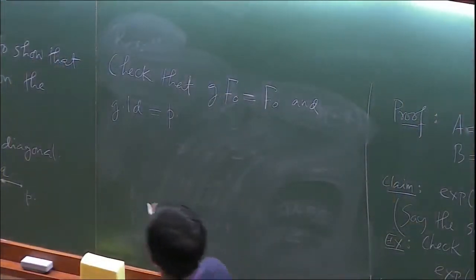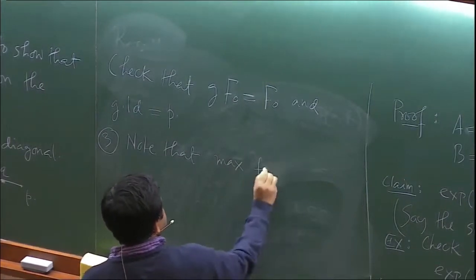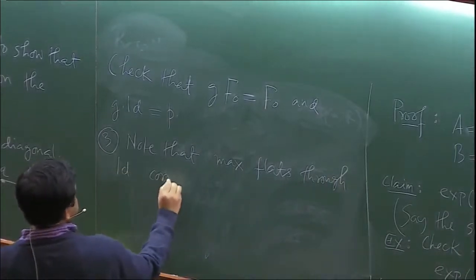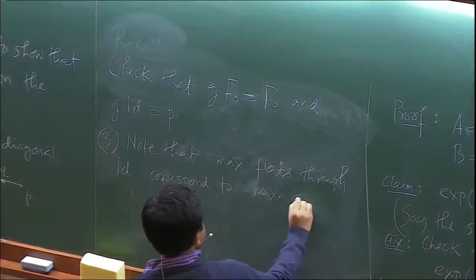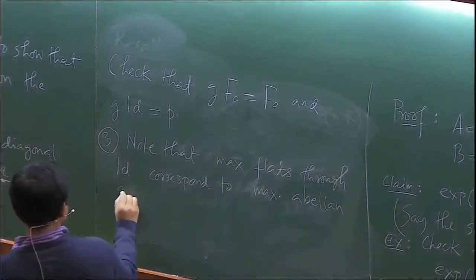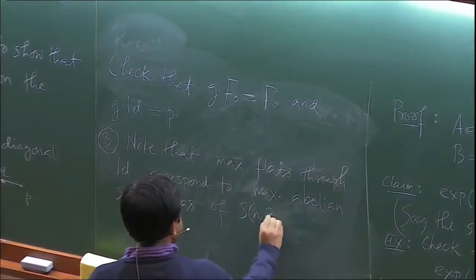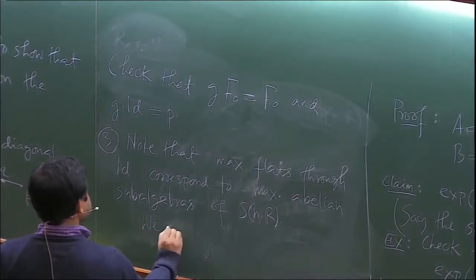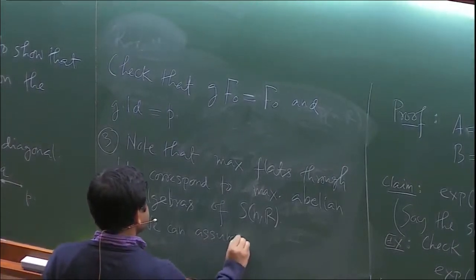So number 3. Note that maximal flats through identity correspond, as we have seen, to abelian subalgebras, so maximal abelian subalgebras of S in R. So now to prove 3, we can assume without loss of generality that X is diagonal.